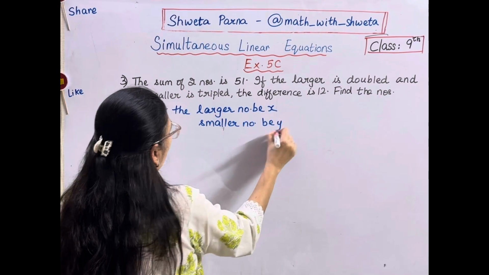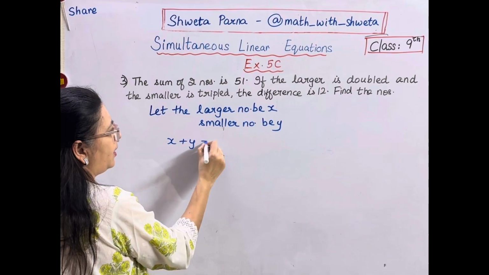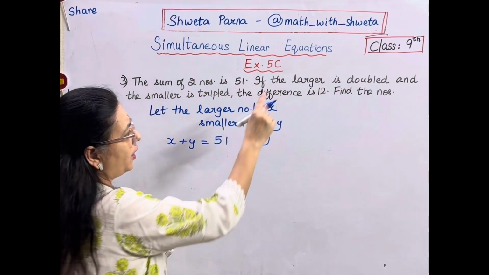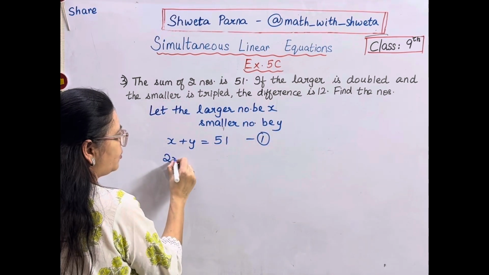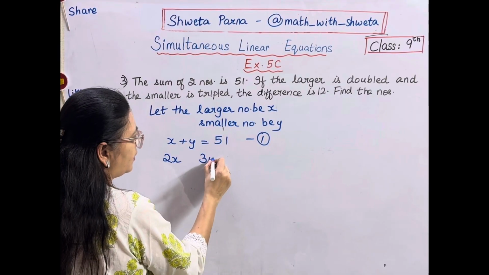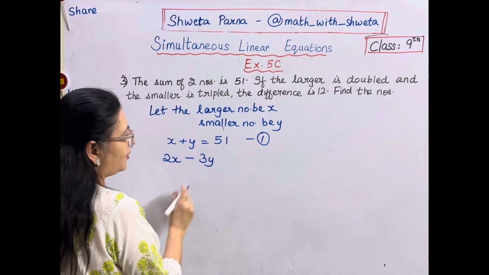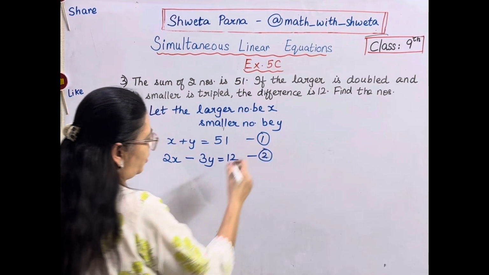Okay, the sum of two numbers means x plus y is equal to 51. This becomes your first equation. If the larger is doubled, larger one is x, so double means 2x. And the smaller one is tripled, that means it is 3y. The difference is 12. So the difference, that means subtraction, is 12. This becomes your second equation.